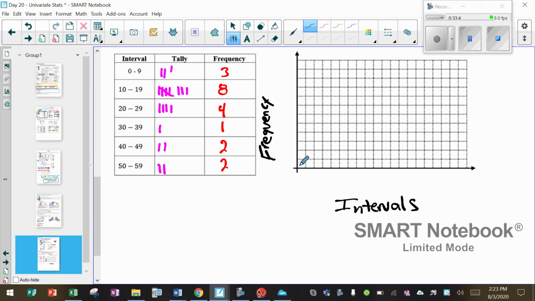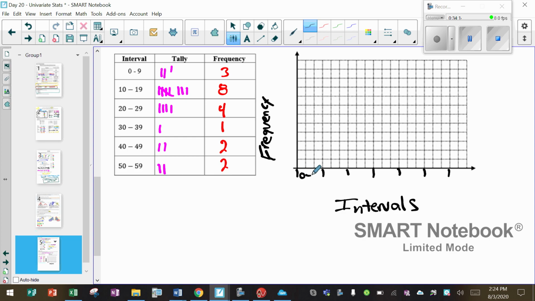I have 20 boxes divided by 6, and I need it to come out to be a whole number so that every interval is the same width. That means they will all be 3 squares wide, and I should have enough to fit my 6 intervals.